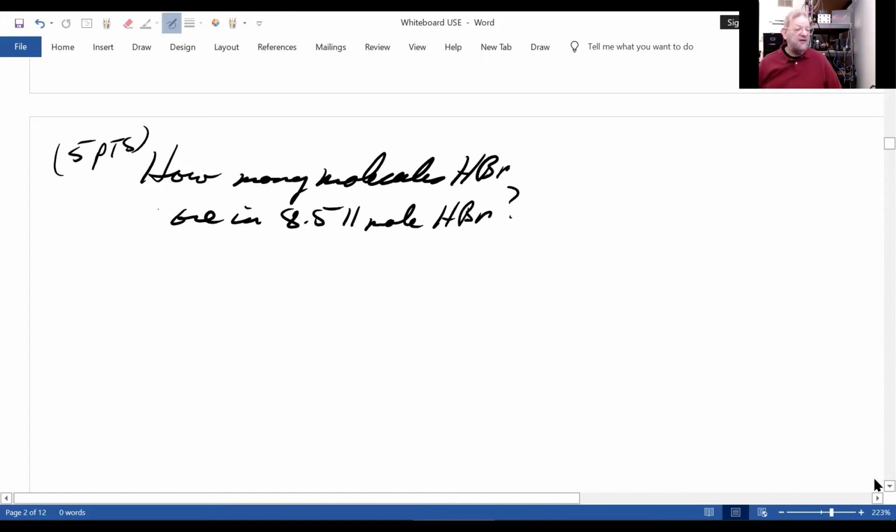I'll do this one, then I'll let you try one on your own. The question is, how many molecules of HBr, hydrogen bromide, are in 8.511, and yes, there's a decimal point, moles of HBr? So the first question is, what are we being asked to find? Molecules of HBr. What are we given? This number.